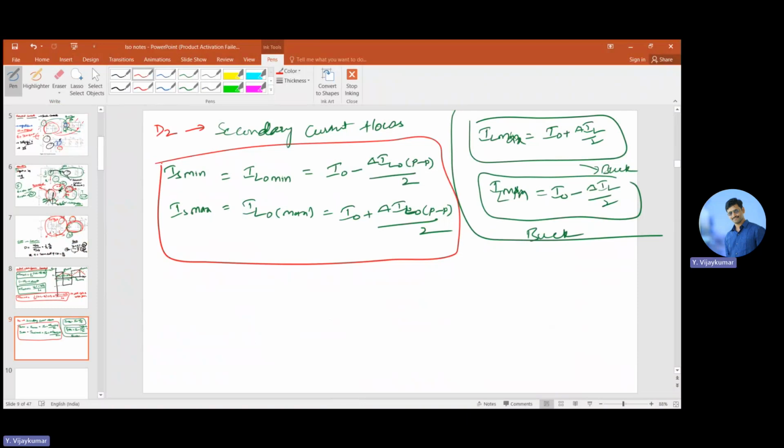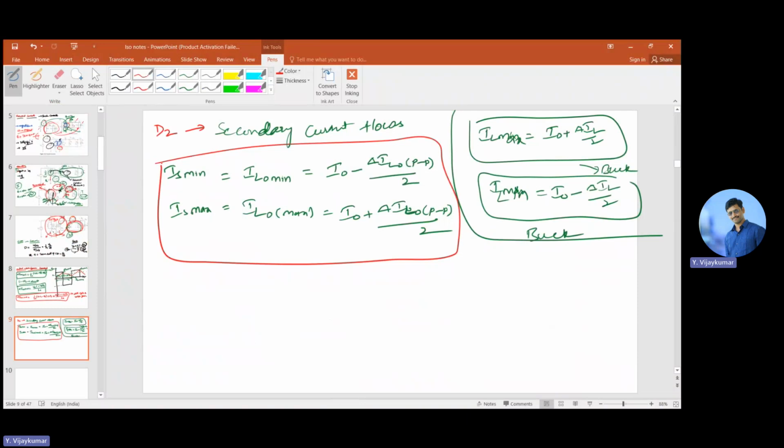Now we have a transformer right here. If any current is changing in the primary, it will affect the secondary because of the mutual induction, right? Any change in the secondary current will also be reflected in the primary side.